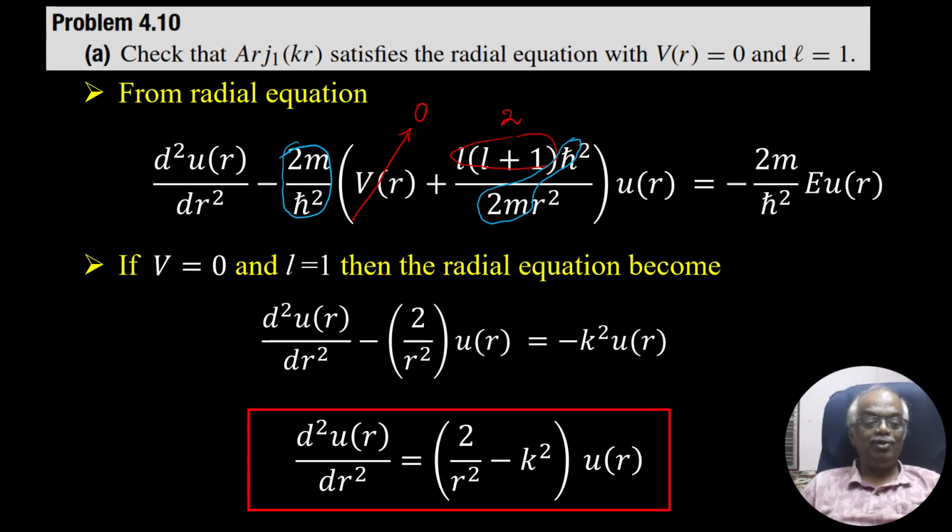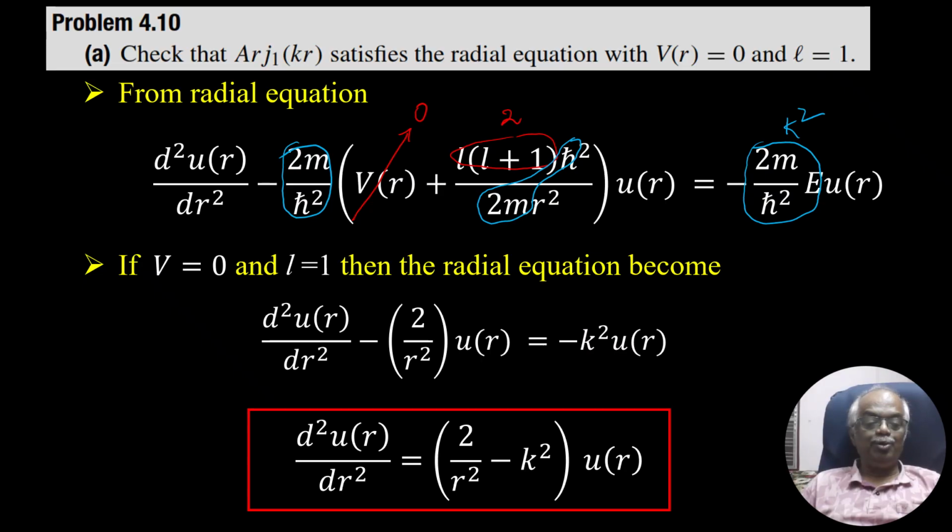So literally what you are getting, the second order derivative, and here you have a 2 over r squared u of r, and I'm going to take this 2mE/ħ² as k squared. So this will become, there is a negative sign, so minus k squared u of r.